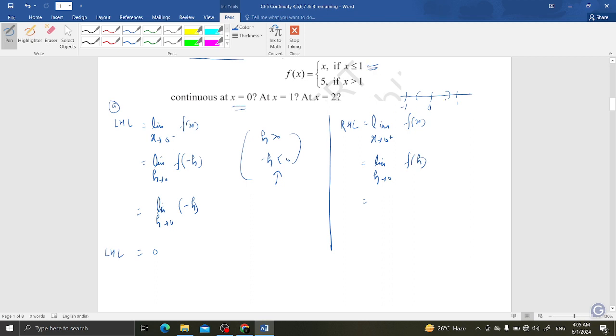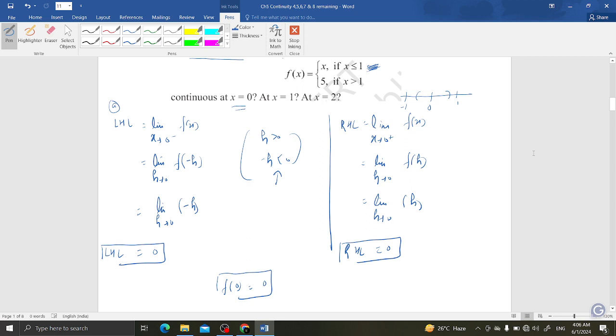And the same as that, for 0 plus h we can again use this one piece. Limit h tends to 0, h we have here, and here we get 0. This is your RHL and this is your LHL, and hence the function value at 0 we need to find again by the above one. What we get? 0.